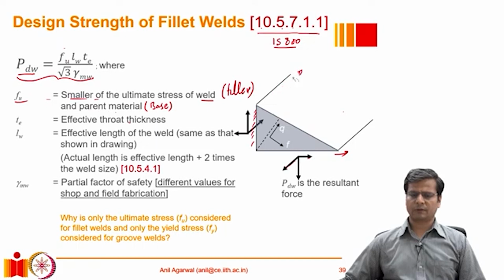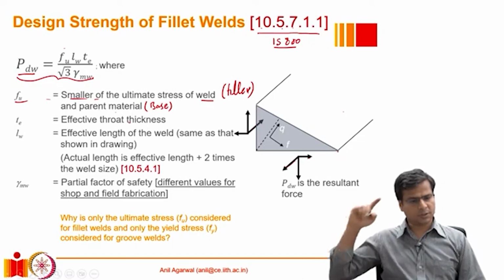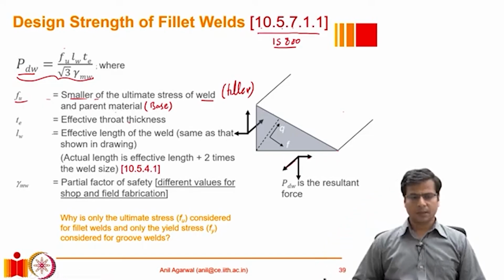The other boundary of this weld will be resisting all these forces by equal and opposite forces. Of course, that force has to be transferred from this edge to this edge, and that has to pass through this interface, and that is why this interface dimension t_e is adopted.